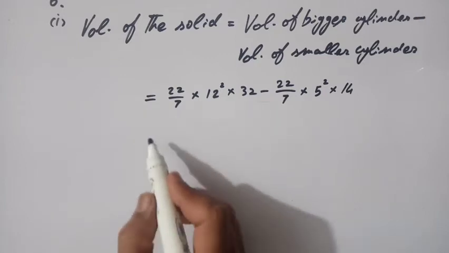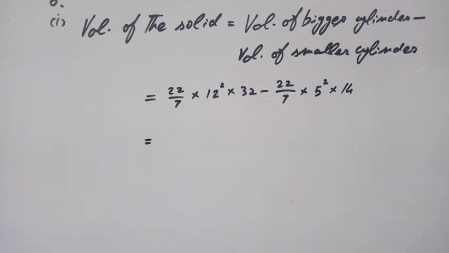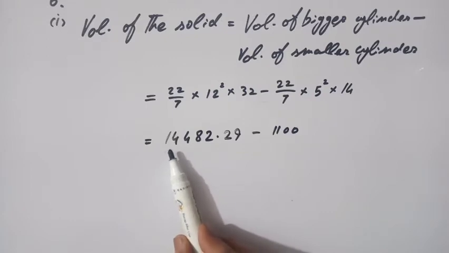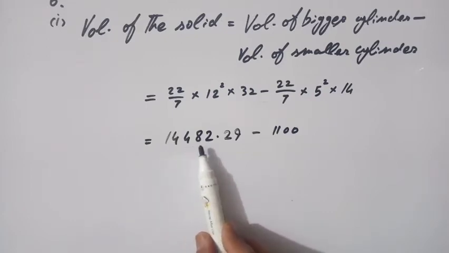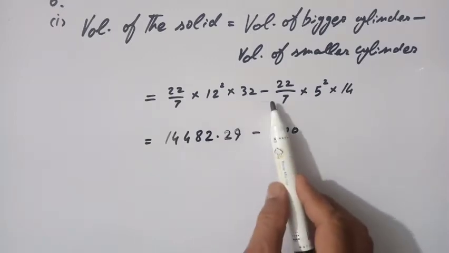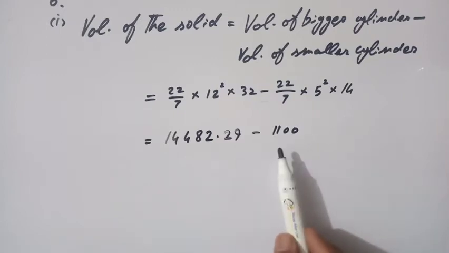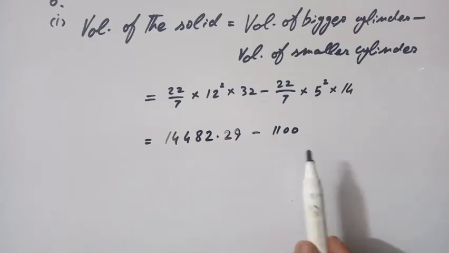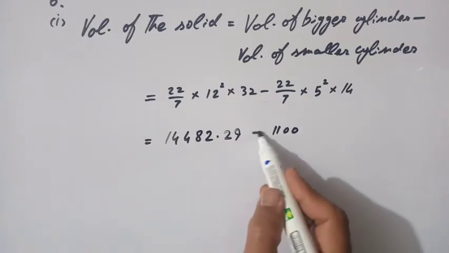This way, now calculating it: 14,482.29 minus, when we have calculated this much, it comes 1100.